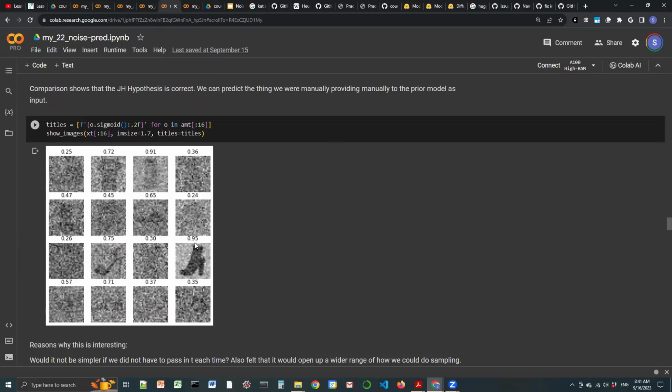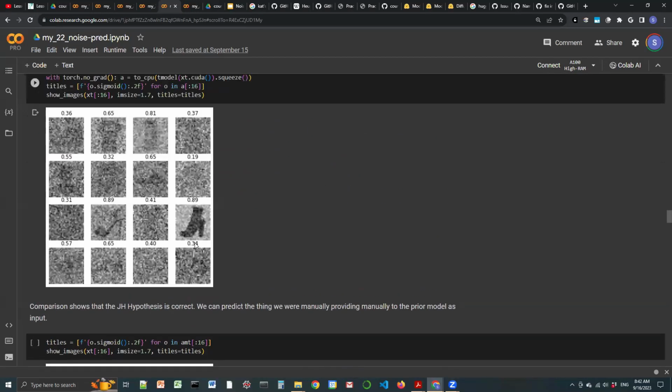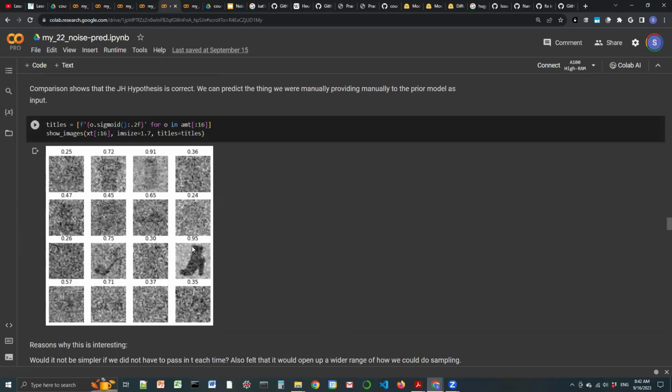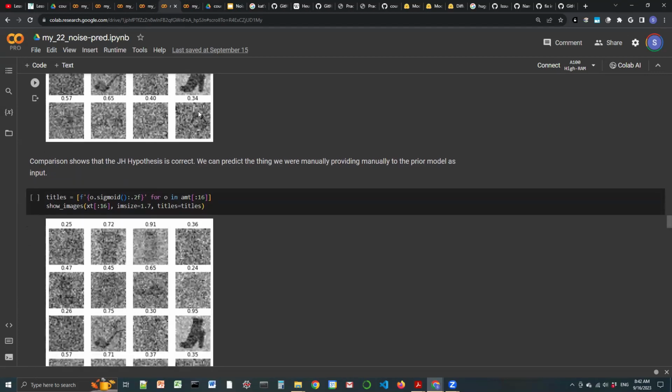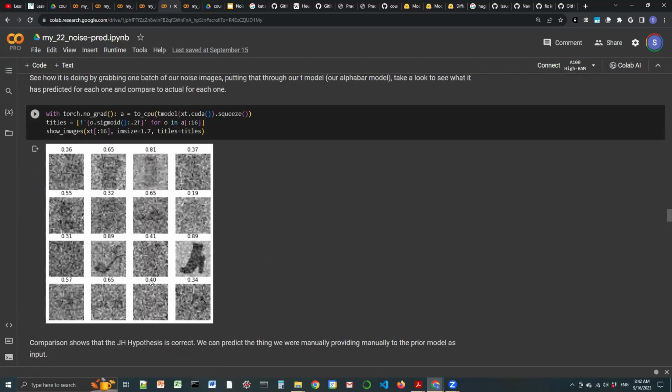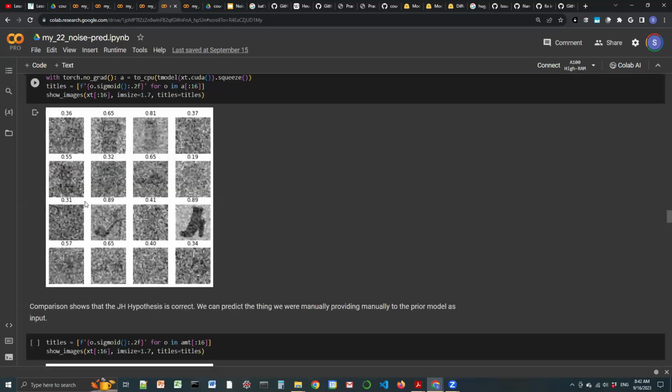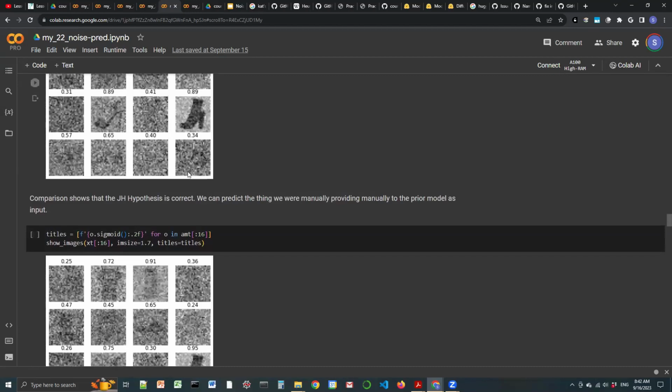Now, the interesting thing for me is when I was running this notebook before I used the latest diffusion model, this gap between what it predicted and the actual was at most in the second decimal digit. So if this was 0.95, it would predict something like 0.94, or sometimes it would even predict exactly 0.95. But what you see now is most of these predictions are off by quite a bit. So for example, you see this 0.36, it predicts as 0.25.